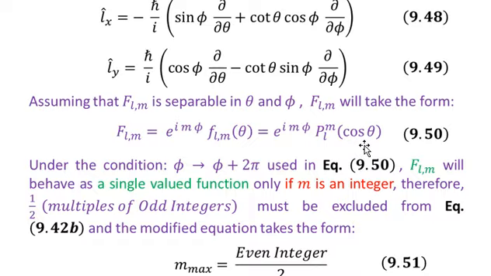This associated Legendre polynomial appears in the derivation of the differential equations related to the hydrogen atom or to the central potential, where L is the orbital quantum number and M is the magnetic quantum number.